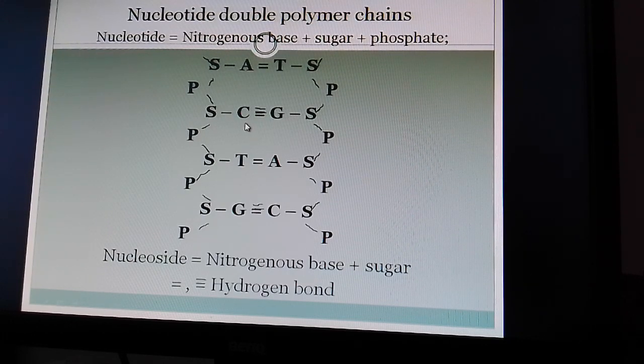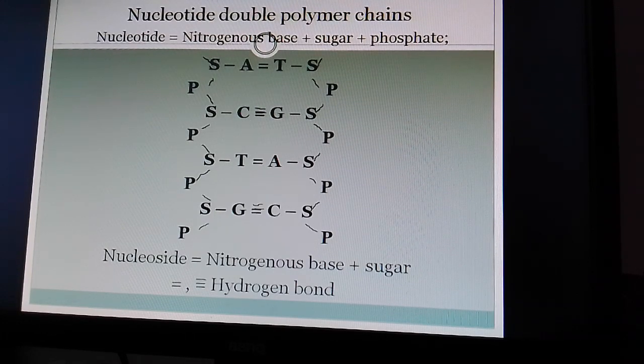If it is cytosine and guanine in pair, then there will be three hydrogen bonds. So that way the nucleotides are arranged in two strands and in parallel condition to form a double-stranded polymer chain structure to form a DNA.